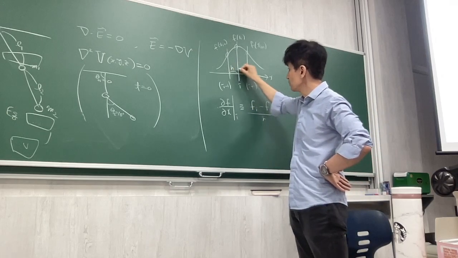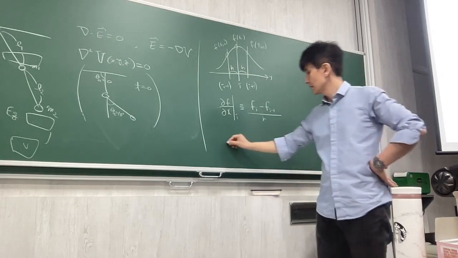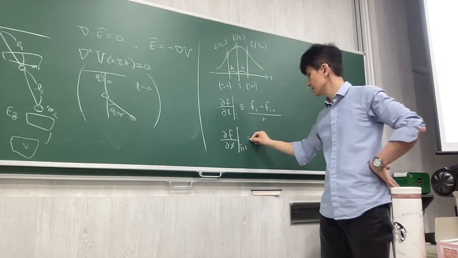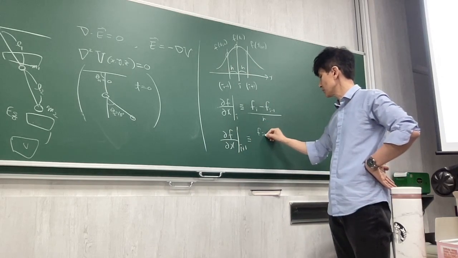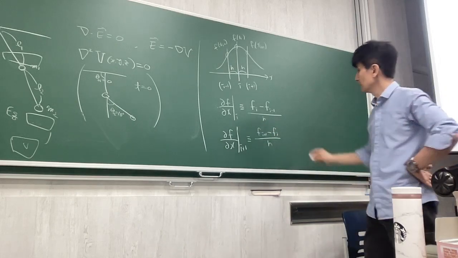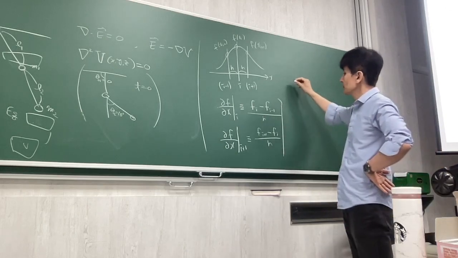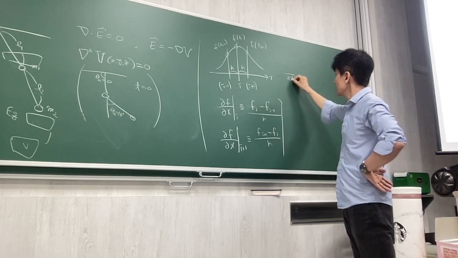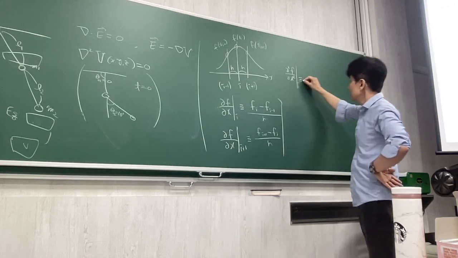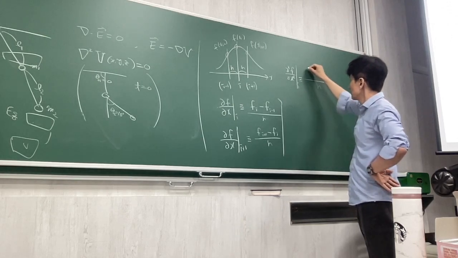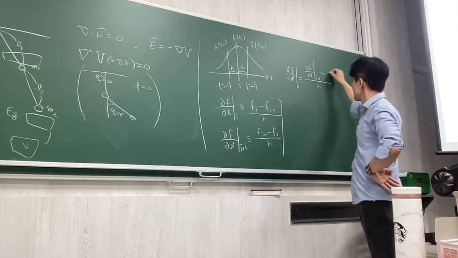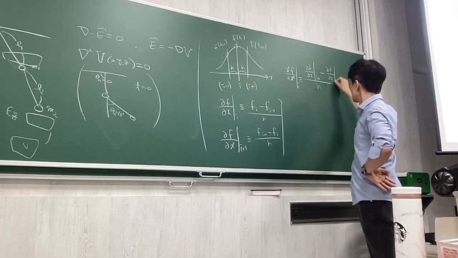h is the spacing between these, and the derivative of f at i plus 1 is defined as f_(i+1) minus f_i divided by h, right? So by combining these two, round x square round f_i is just defined as h times round f round x at i plus 1 minus round x round f_i.